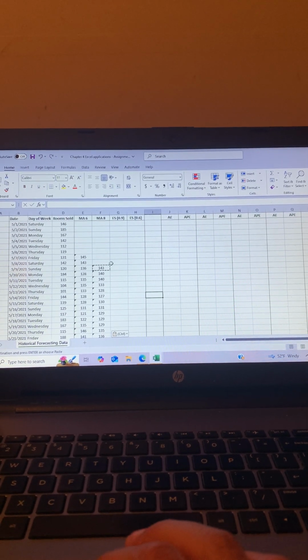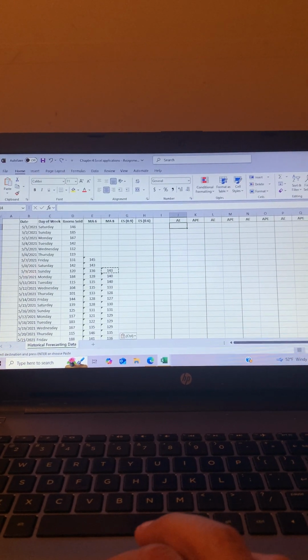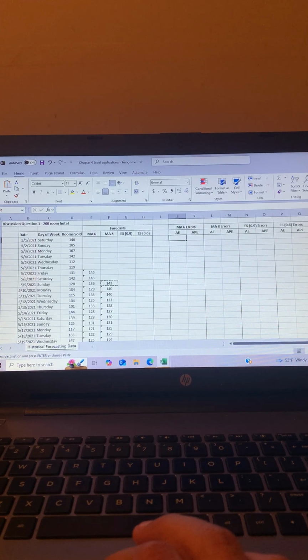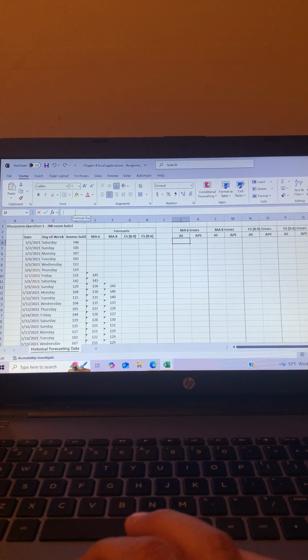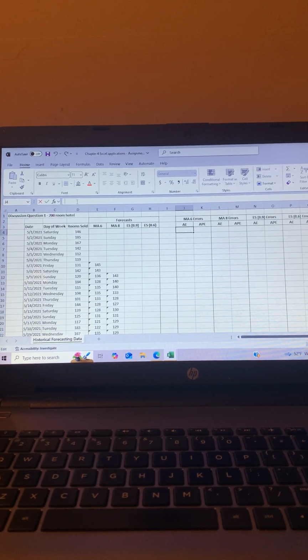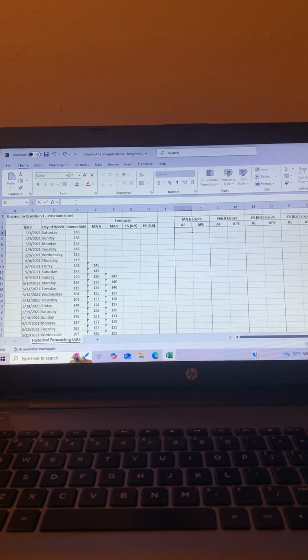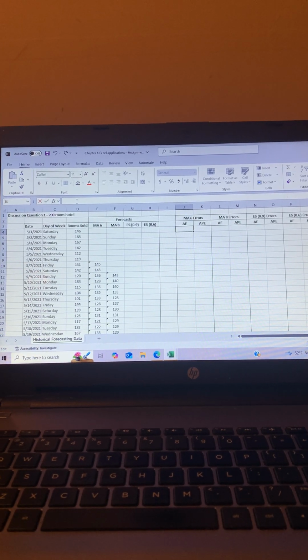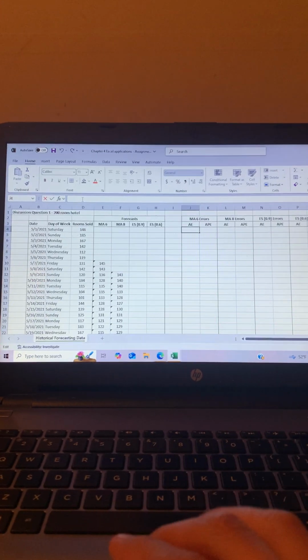So to find our MAE, basically we're going to subtract the forecasts from the rooms sold from our historical data, and that should give us our difference.